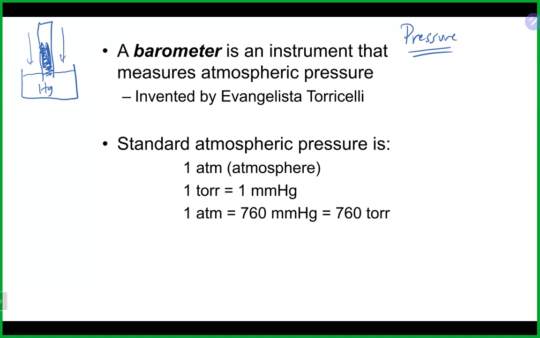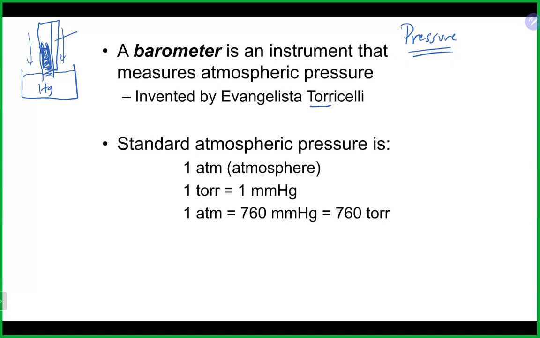Some of the important units of pressure are the atmosphere, 1 atm, and 1 torr or a millimeter of mercury, two other common units. A torr is named after the guy who invented the barometer. And a millimeter of mercury is because, again, on a barometer there used to be a ruler, and you would measure where the mercury was in the tube with a ruler in millimeters of mercury.